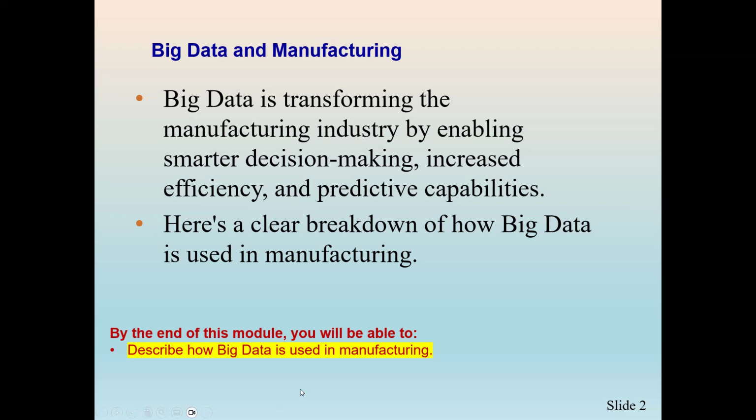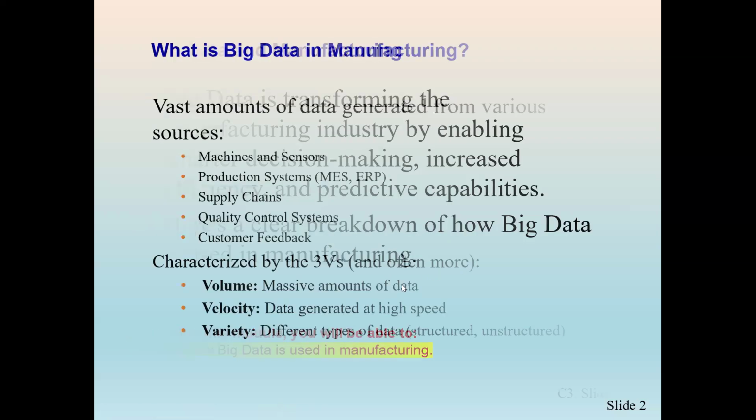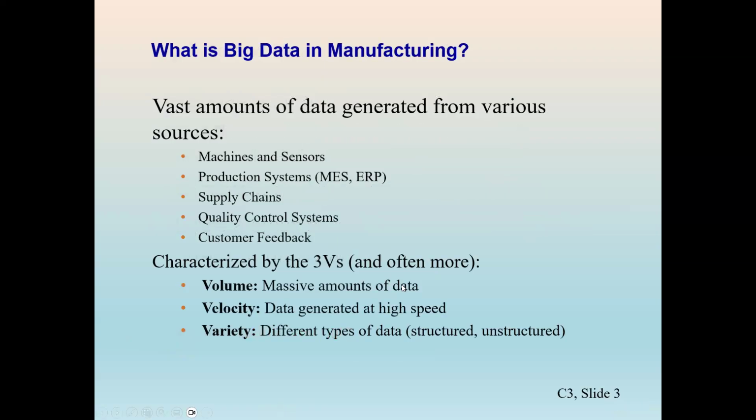So again, big data is transforming the manufacturing industry by enabling smarter decision making, increased efficiency, and predictive capability. So here we're going to go through a clear breakdown of how big data is used in manufacturing. So first, what is big data in manufacturing?